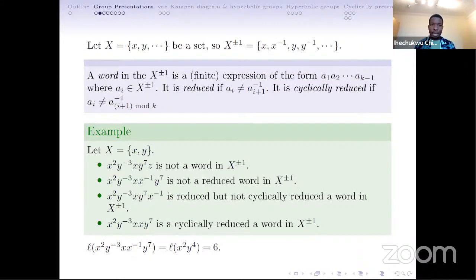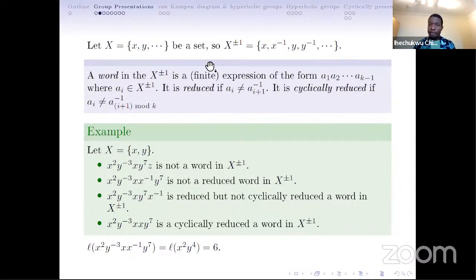If you have a set X, you can form the set X plus or minus 1, which in this talk you can think of as an alphabet. So a word in this alphabet is just a finite expression of this form. So you have a set S, and you throw in the inverses of that set S, and then you call this an alphabet.